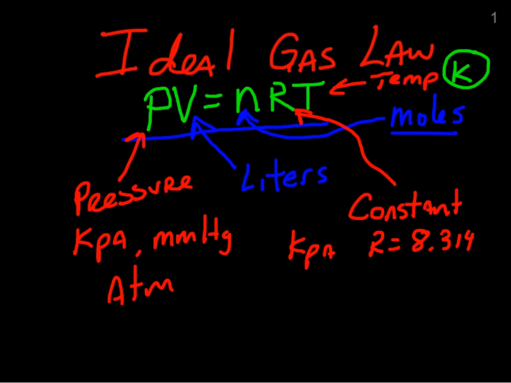If you're in atmospheres, R is going to be equal to 0.081. All right? And millimeters of mercury, you can figure that one out. But usually, millimeters of mercury is not very common, so you change the pressure into something more common and use it from there.